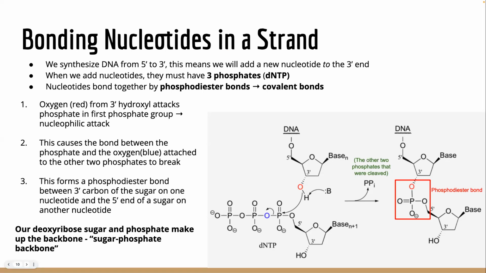I don't know if anyone's taking orgo, but we talk about that a lot. And then the second step, it causes the bond between the phosphate and the oxygen, which is in blue, to break off the other two phosphates. And then that's what forms the phosphodiester bond between the 3' carbon of the sugar of one nucleotide and the 5' end of a sugar on the other.